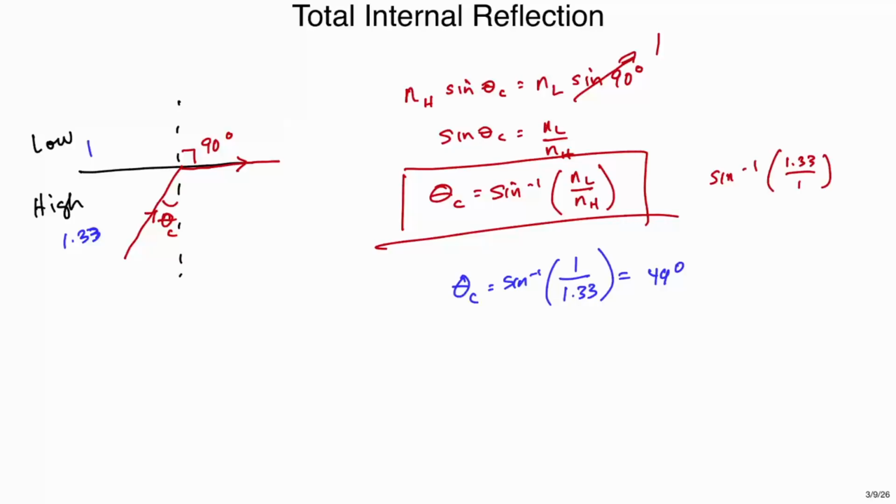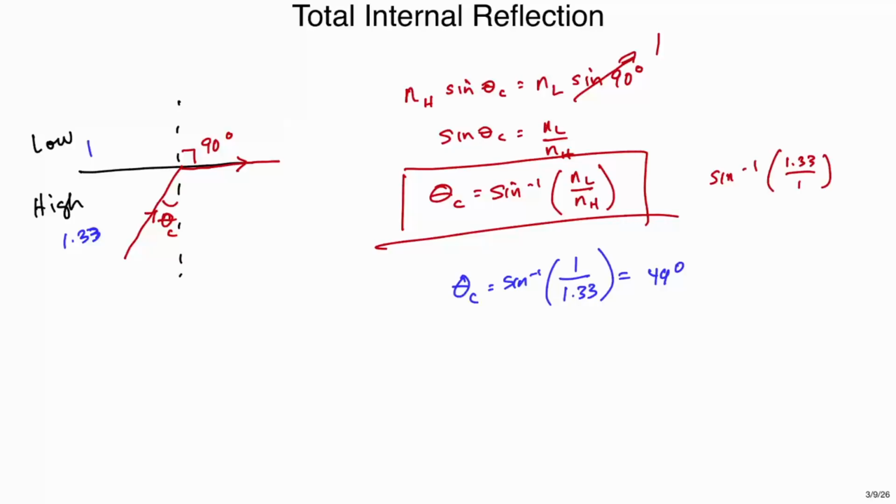I like to think of total internal reflection as an interaction between higher and lower index materials, which is why I write it like this. You can never get this to happen if the light is traveling in a lower and going to a higher. This will not happen. But if light is in a higher index material and tries to go into a lower index material, it's possible.